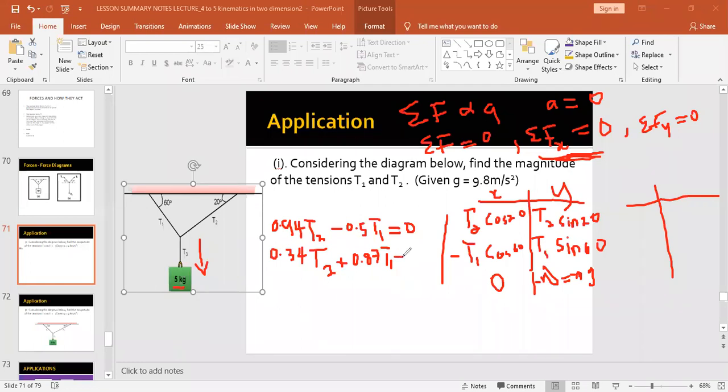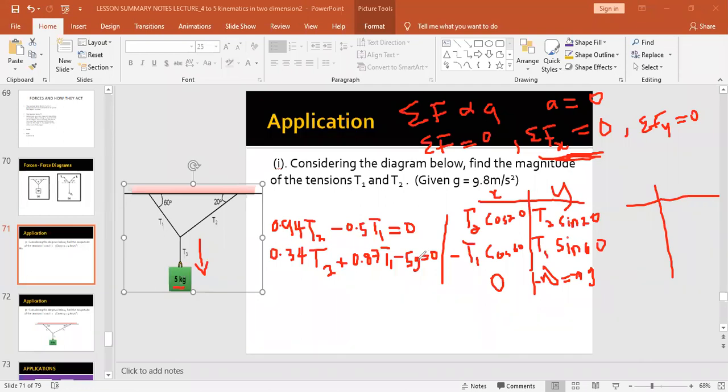So this will be minus the mass, which has been provided as 5 kg, times acceleration due to gravity, G, which has also been provided. But let me write G here for the meantime. This will also be equal to 0.